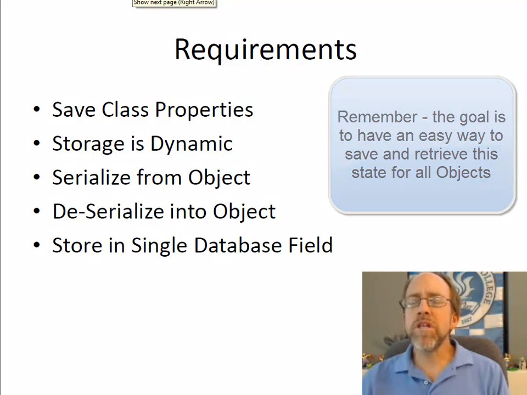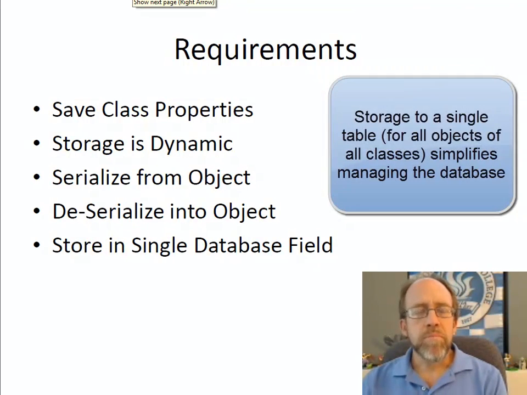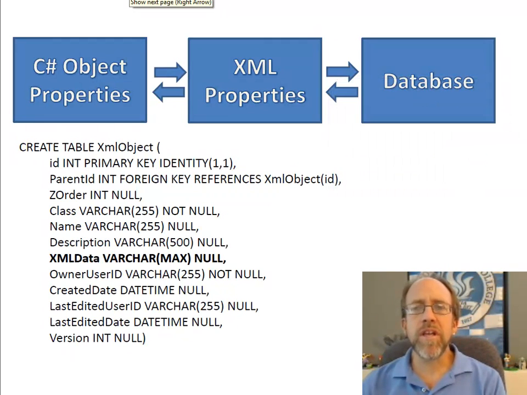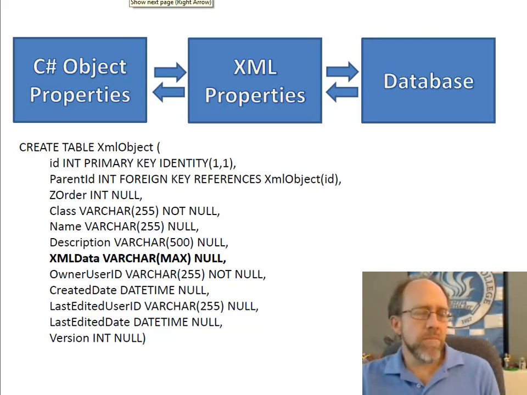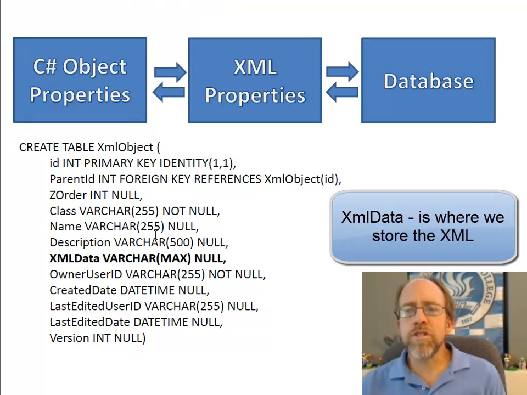What we're really doing is storing them into a single database table, but they're actually being stored in a single database field. If we look at the overview, you have the C# object, and the way I do it in this specific instance is I convert the properties of the object into XML properties, which are then stored in a single field called XML data.